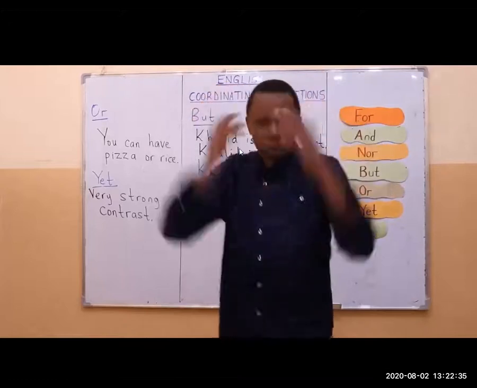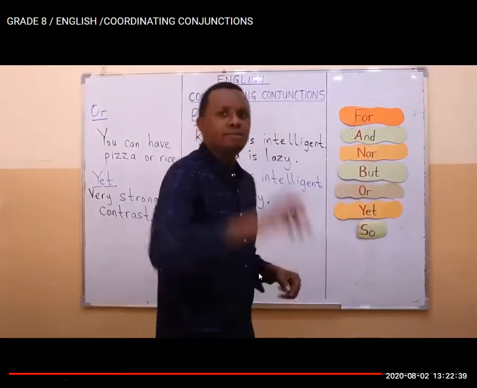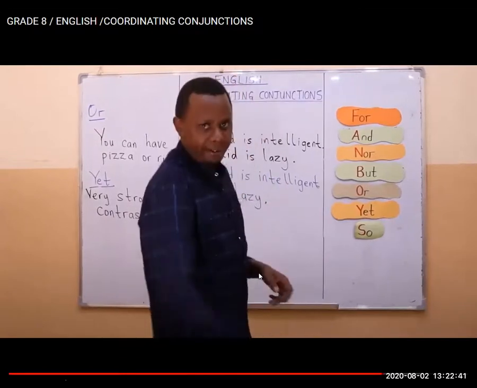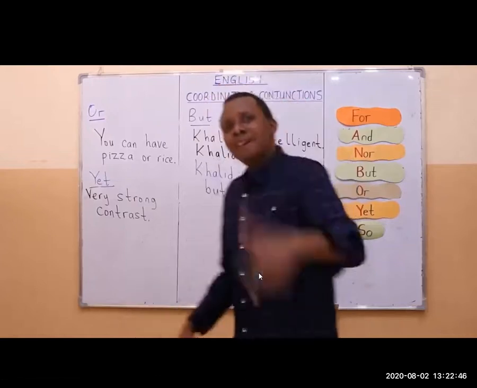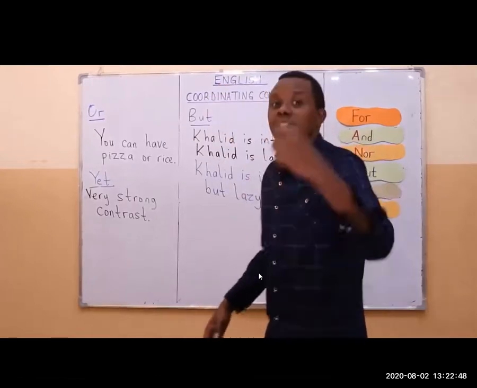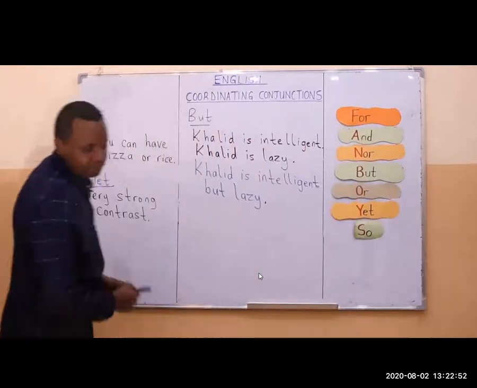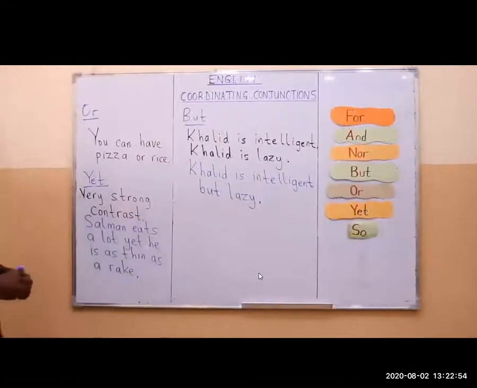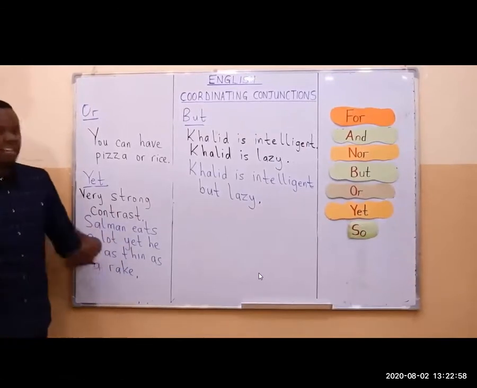He eats a lot. But there is something about him that no one gets. If you look at him, he's as thin as a rake. Now, if I'm using that example, I'm going to say Salman eats a lot, yet he is as thin as a rake. You're going to have that sentence. So very good. Salman eats a lot, yet he is as thin as a rake.